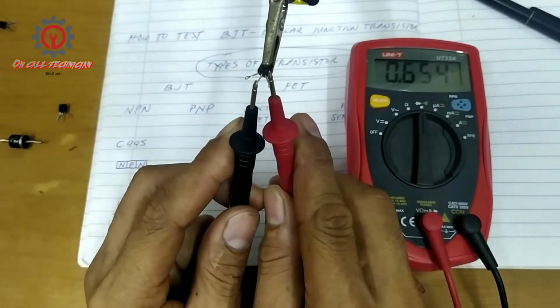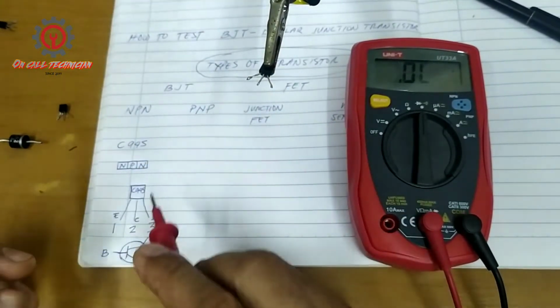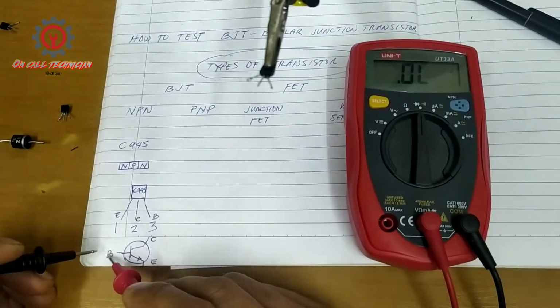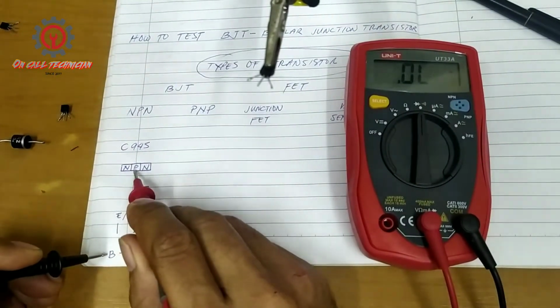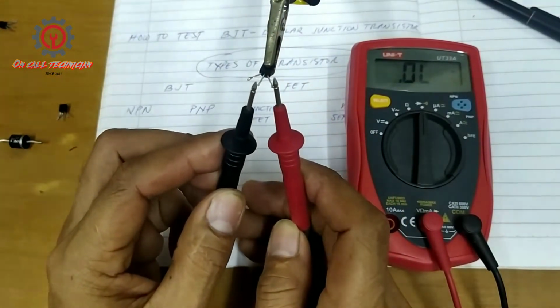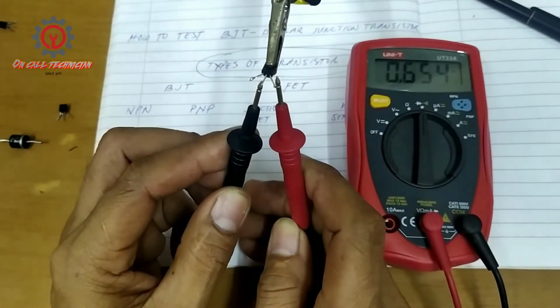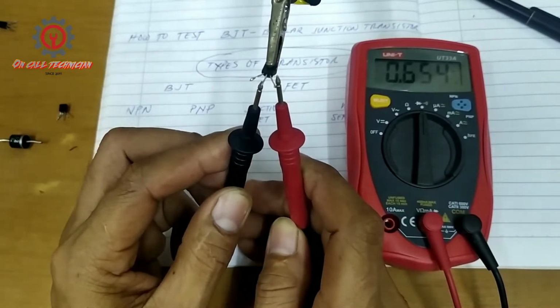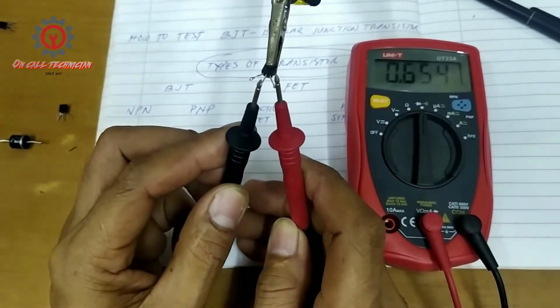Okay, we got a reading because the base is positive. I'm putting the positive here, so there is a reading of 6 point something volt.